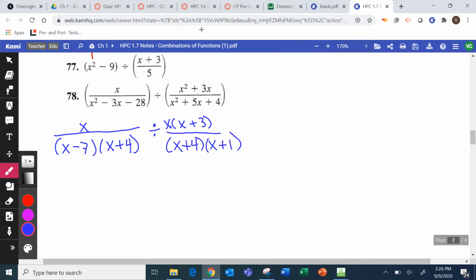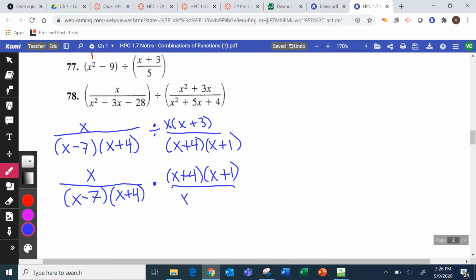Okay, we cannot divide, so we have to multiply by the reciprocal. So the first fraction stays the same. We're going to change it to multiplication and reciprocate. And then I'm going to multiply straight across. So here we go. Multiply straight across.